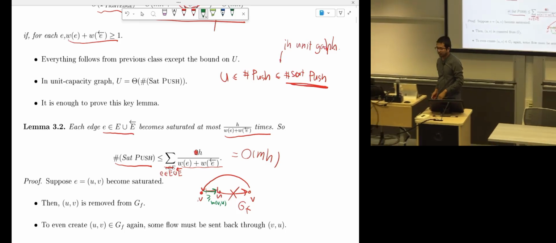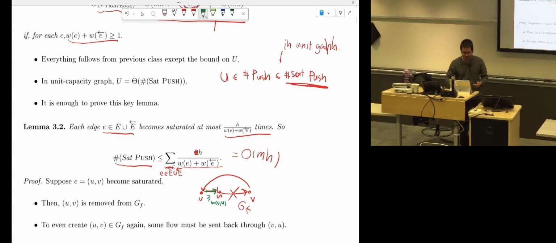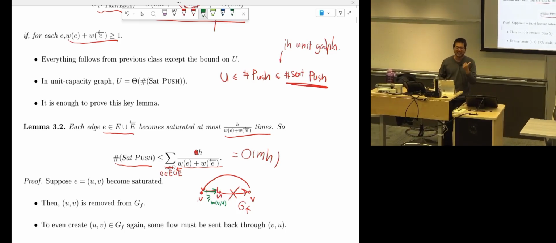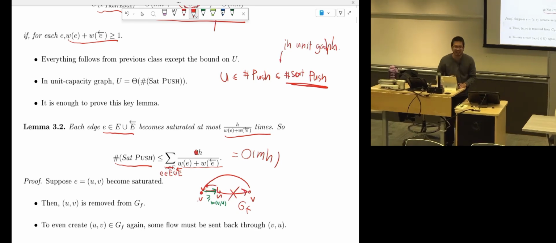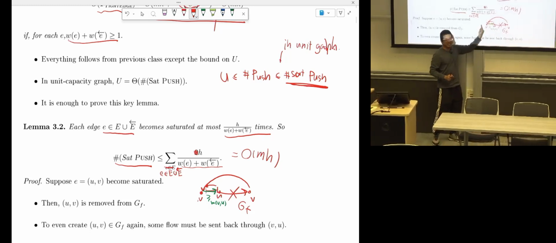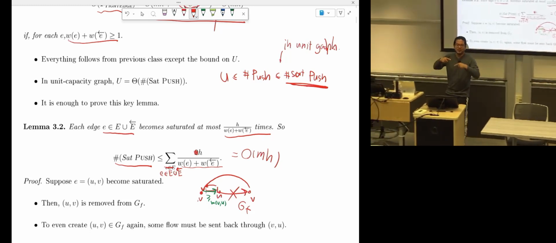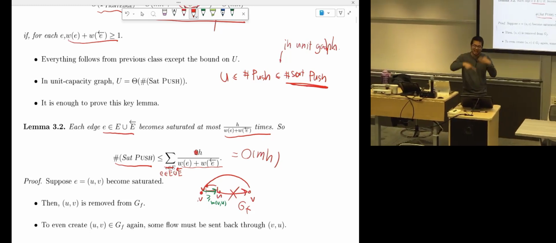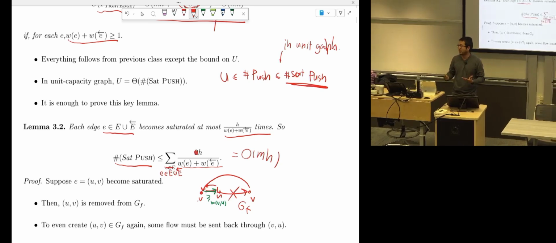Okay. So now you create this edge from U to V. The edge from U to V is now back. But to even send flow from U to V, again you need the edge from U to V to be active, which means that it's stretched.